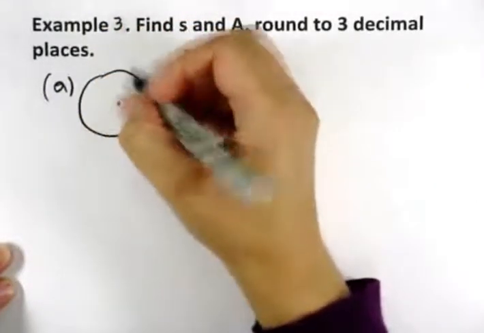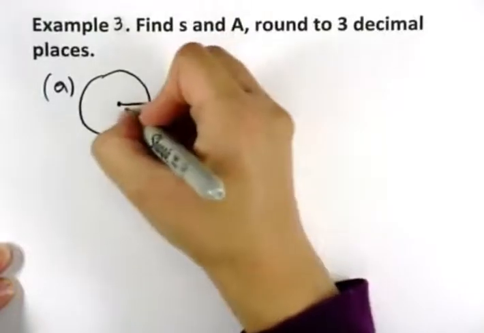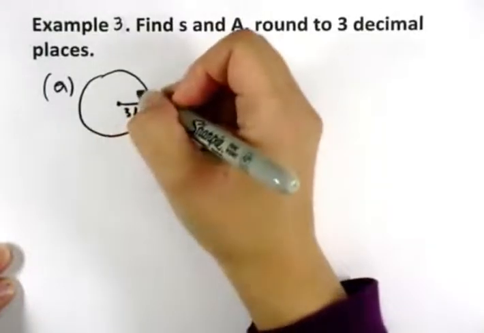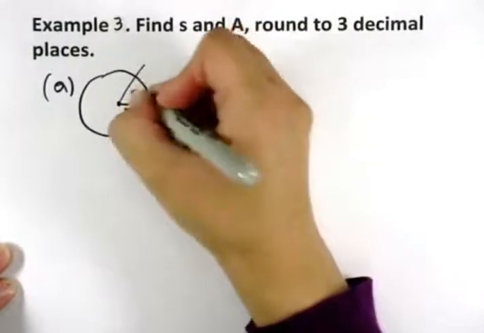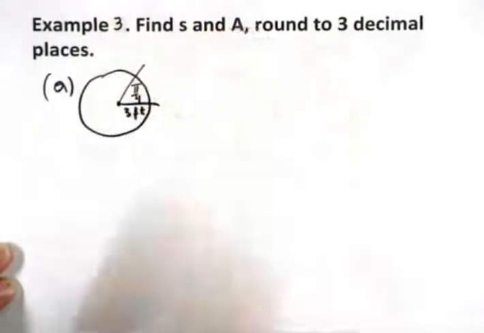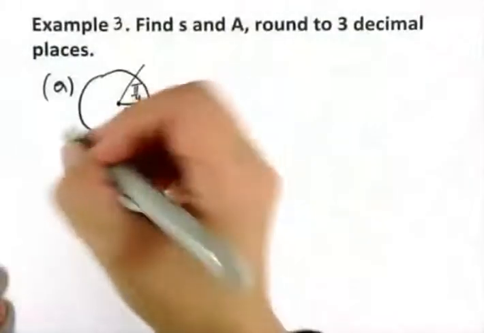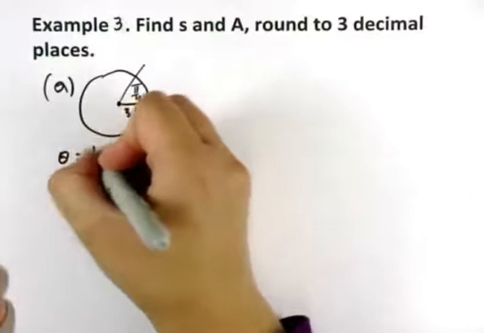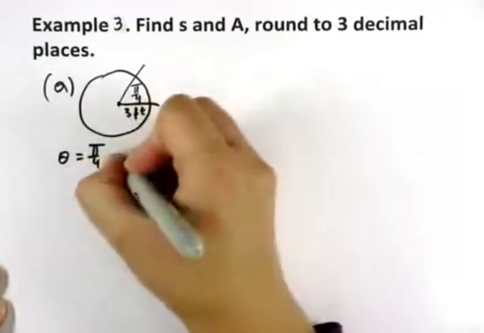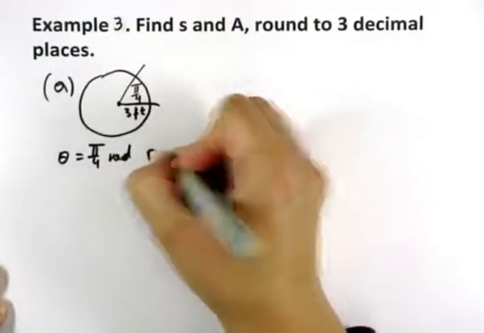We have that the radius is 3 feet, and we have the angle pi over 4. So my theta is pi over 4 radians. My radius is 3 feet.